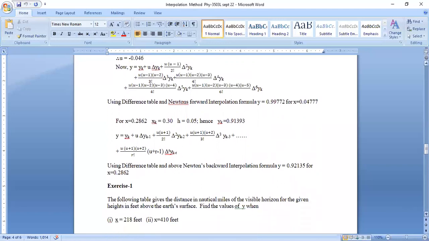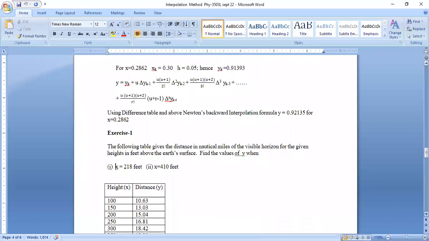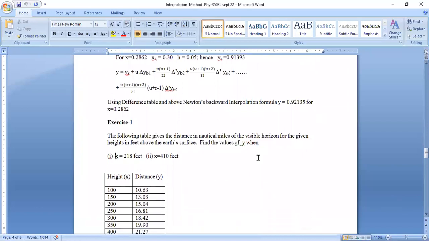Now I am giving you this exercise. The following table gives the distance in nautical miles of the visible horizon for the given heights, which is in feet above the earth surface.